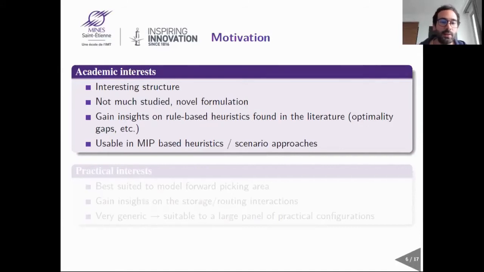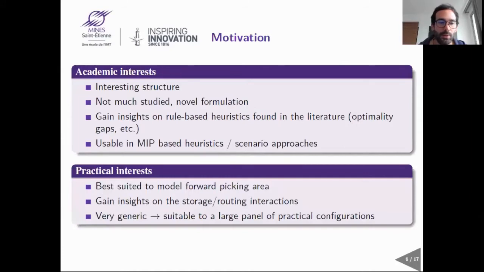And it can be used in MIP-based heuristics, for example. From the practical interest, it's really suited to model the forward picking area. And we can gain some insights about the interaction between storage and routing that are really linked together, and the efficiency of one problem really affects the other.